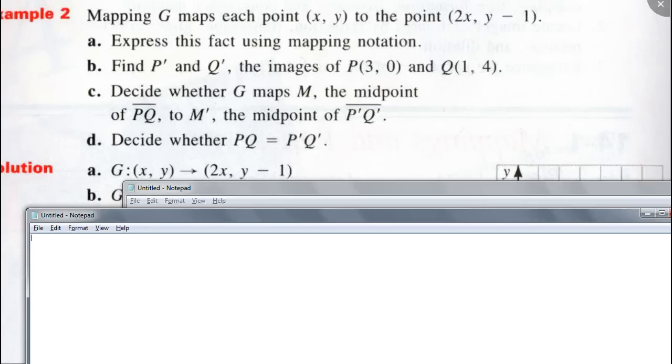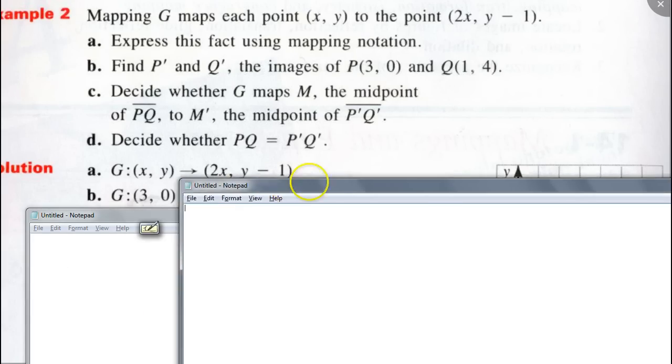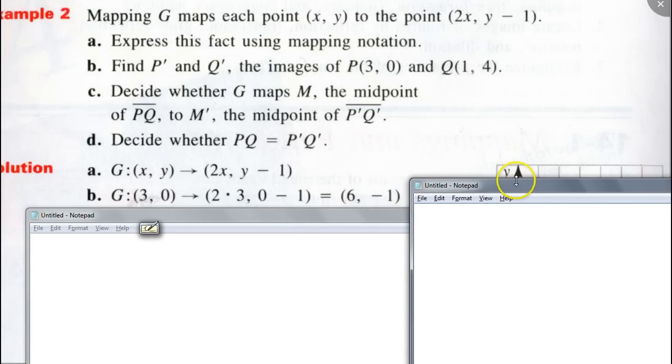Oh, no, P is 3, 0. So your x coordinate for P is 3 and your y coordinate is 0. So yes, you multiply 3 with 2, and then what do you do with the y coordinate of P? 0 minus 1. Which is? You get 6 comma negative 1. Easy enough?